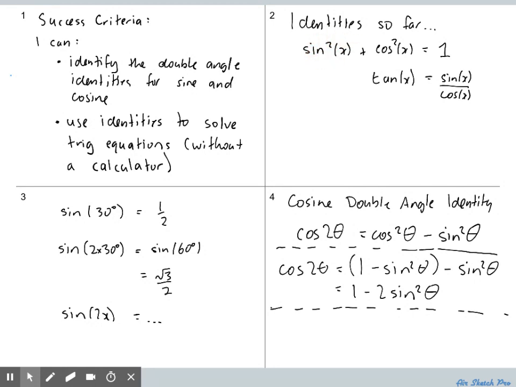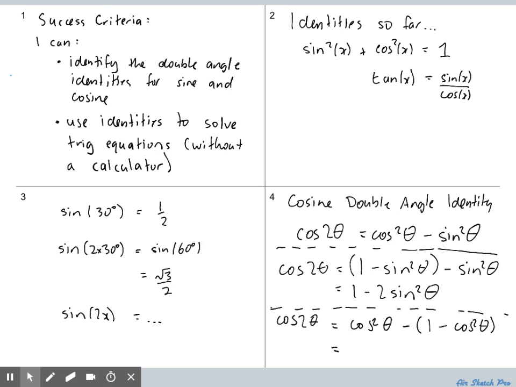Sine squared theta is equal to 1 minus cos squared theta, simply by subtracting cos squared theta from both sides. So if I then take my double angle again, that would be cos squared theta minus, definitely make sure you've got the brackets in for this one, 1 minus cos squared theta.